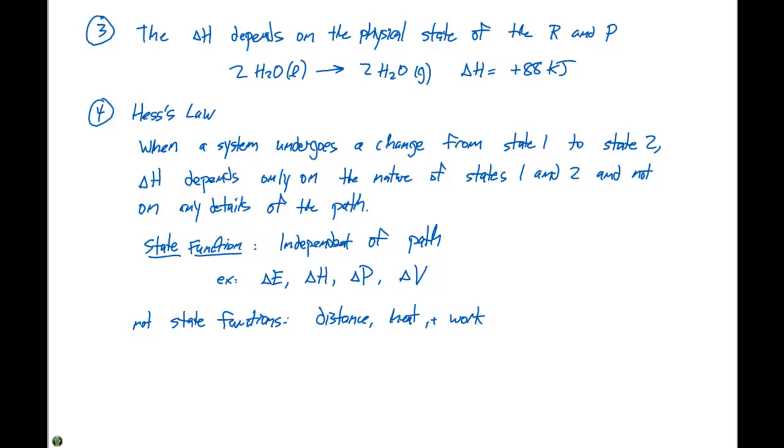So we can use Hess's law anytime we have a state function. And in the next video, what we'll discuss are some example problems of how we would use Hess's law to calculate delta H, or the enthalpy of a particular reaction.